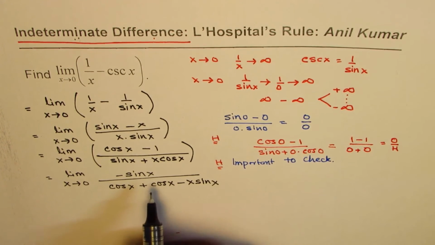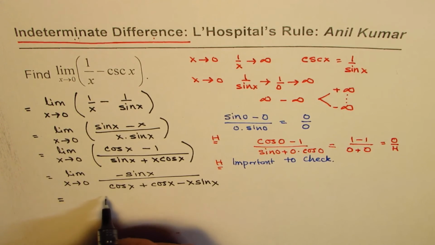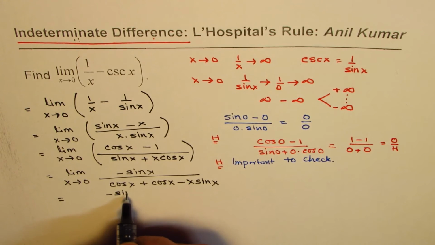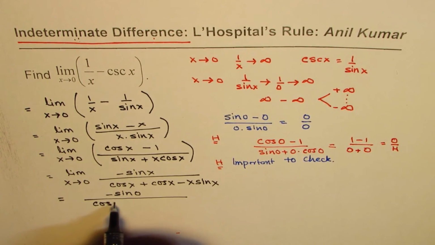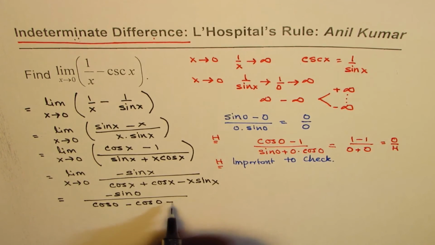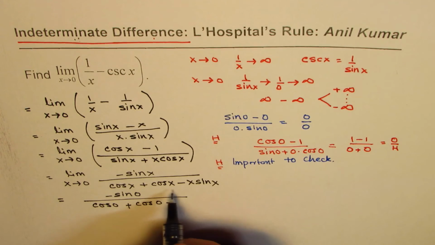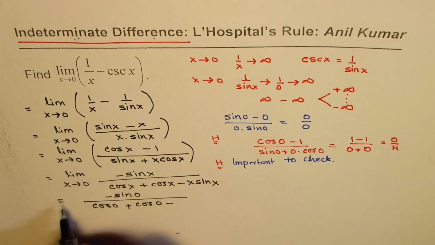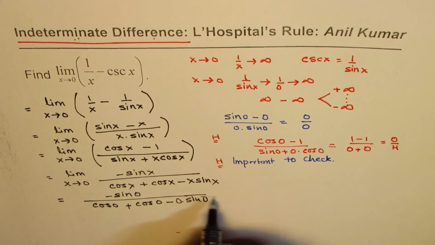Now at this stage, you can again substitute 0 and see the result. So what do you get? You get minus sine 0 divided by cos of 0 plus cos of 0 minus 0 times sine 0, right?